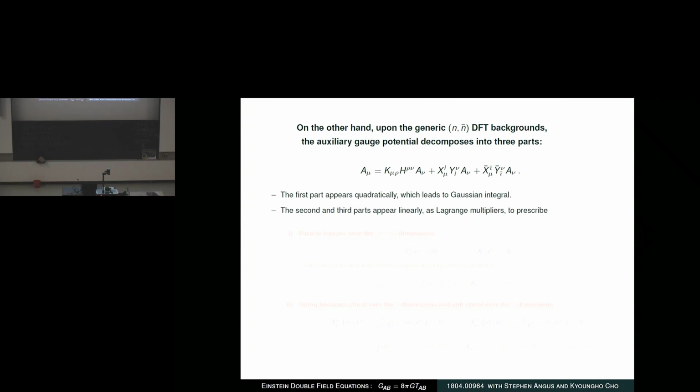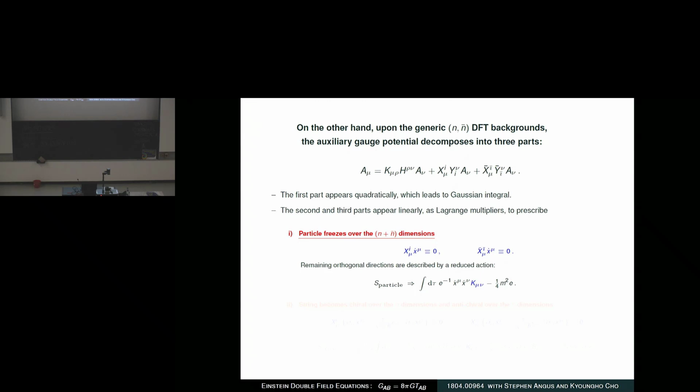However, the second and third terms appear linearly, and they play the role of Lagrange multipliers. So they prescribe the dynamics such that the particle is completely frozen over the n plus m-bar dimensions like this. And the remaining orthogonal directions are described by this reduced action, where you have the degenerate, let's say, metric K.